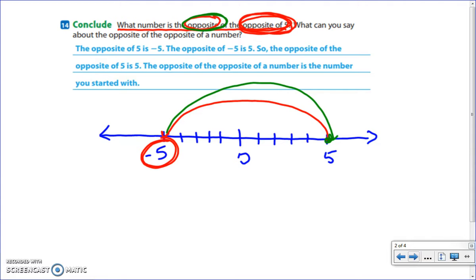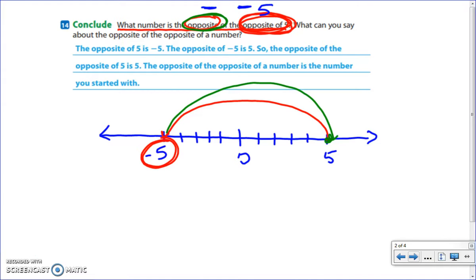So when we talk about the word opposite, it almost always refers to a negative sign. So what we could be thinking is, what number is the opposite of negative 5? So we would like the negative version of negative 5, if that makes sense, or if that helps you at all. So the opposite of negative 5 would be positive 5.